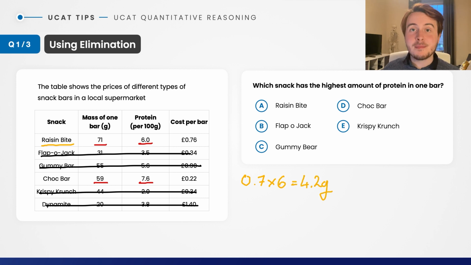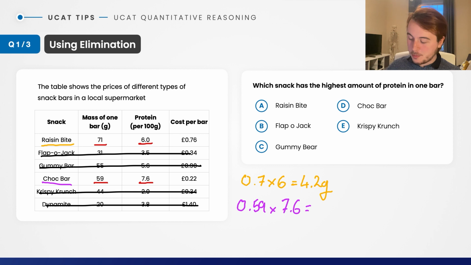So as I said, that's going to be something that we cover more in the proportions tutorial. Using the same sort of logic, 100 grams of chalk bar has 7.6 of protein. So that means that the 59 gram bar is going to have 0.59 multiplied by 7.6. And I would just stick that one into my calculator if I'm honest, and I would get 4.5 grams out.